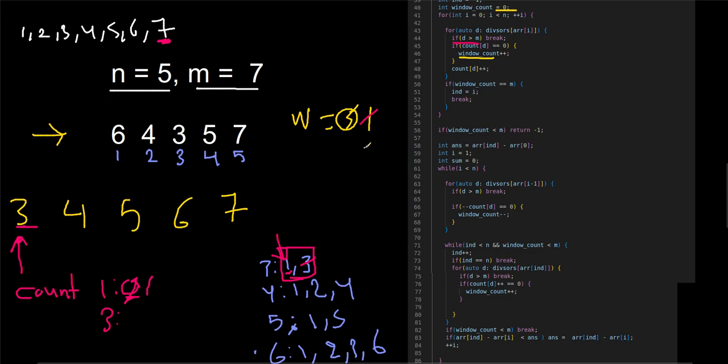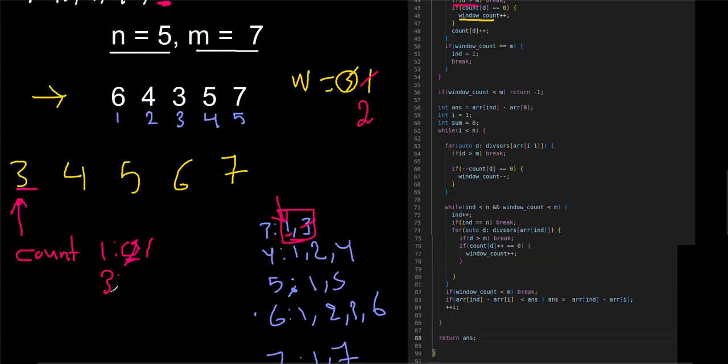So 1 plus 1 is 2, and the number of 3's so far is 1. Now this is the end of the divisors for 3.